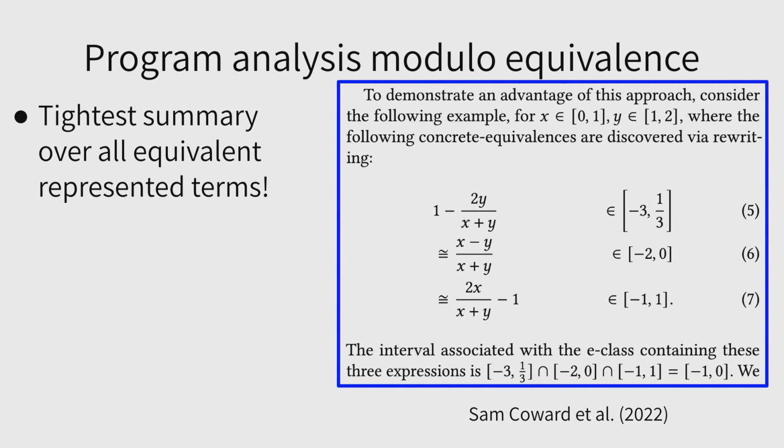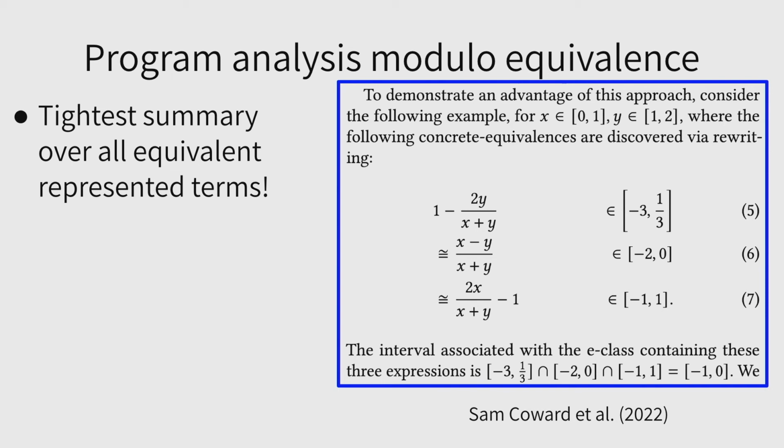So here's an example from our friend Sam Coward at the eGraphs workshop this year. He's very interested in numerics and floating point analysis. One of the things he was pointing out is that if you assume x is in the range 0 to 1, and y in the range 1 to 2, these three equivalent programs all have quite different intervals with very simple interval arithmetic.